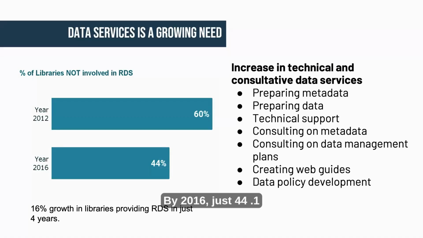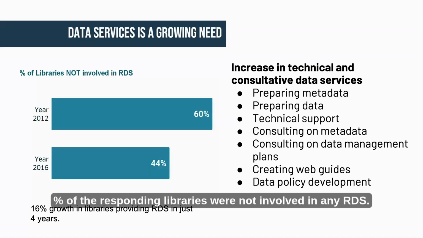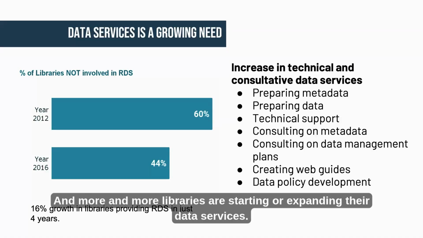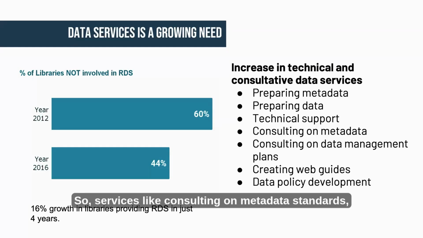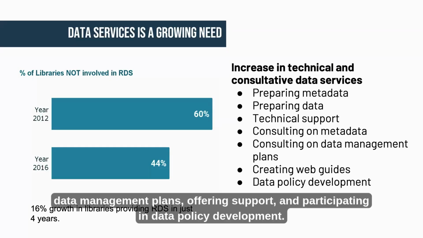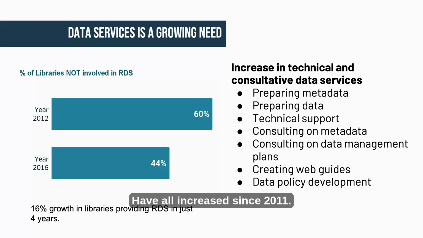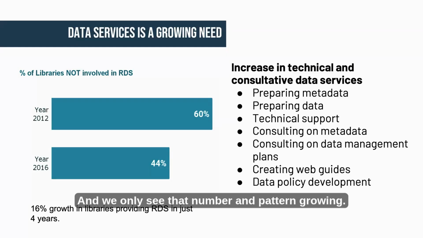By 2016, just 44.1%, which is 82 of the responding libraries, were not involved in any RDS. So you can start to see that number decreasing, and more libraries are starting or expanding their data services. Services like consulting on metadata standards, data management plans, offering support, and participating in data policy development have all increased since 2011, and we only see that pattern growing.